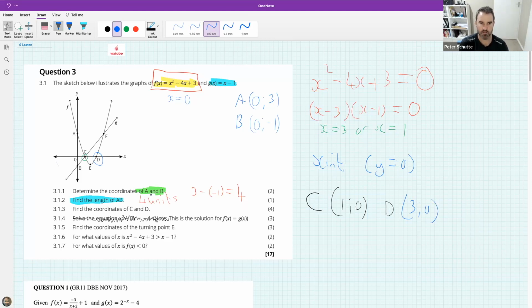Okay. So far, again, let me know in the chat if things are unsure, but things are looking okay so far. Now, 3.1.4, I'm changing the question.